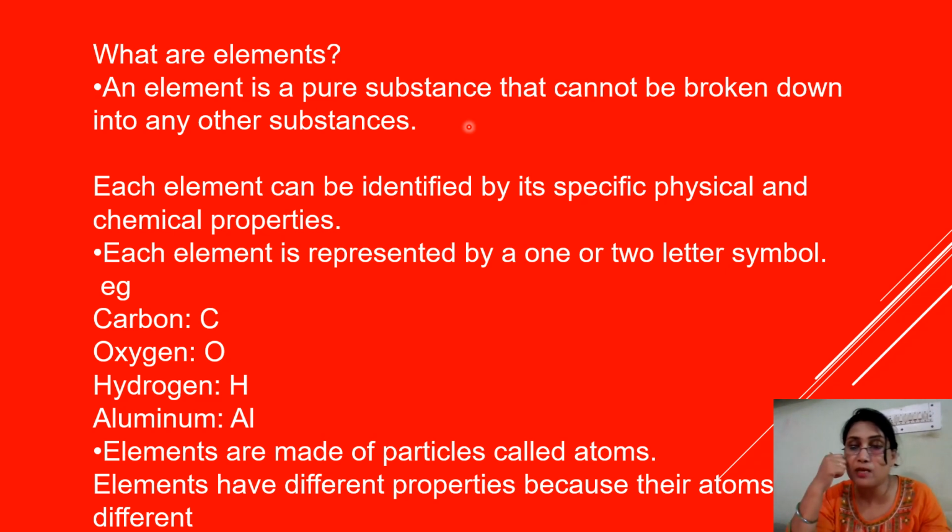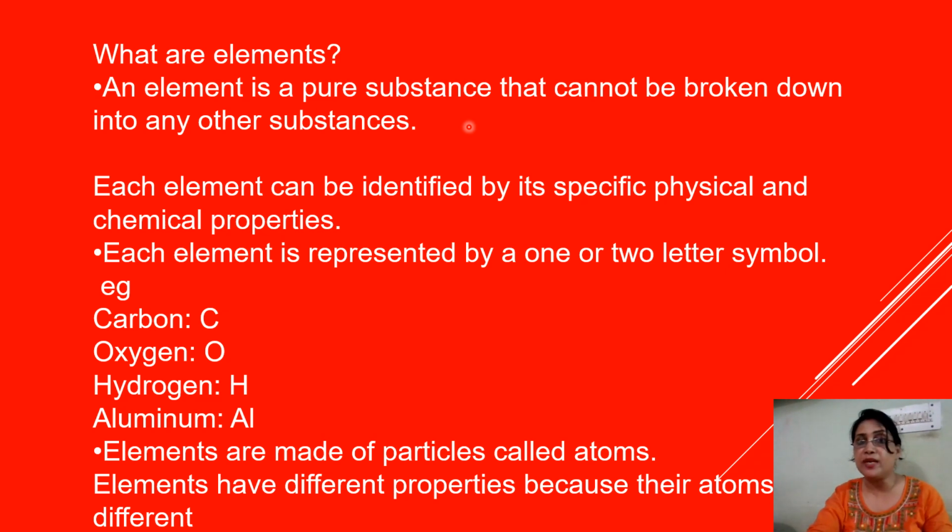What about the chemical properties? Chemical properties mean how it reacts, how it behaves with the other elements. If we talk about gold, gold is not a very active element in the reactivity series. You will get to know more about the reactivity series in the next class, that it doesn't react with other elements very easily.